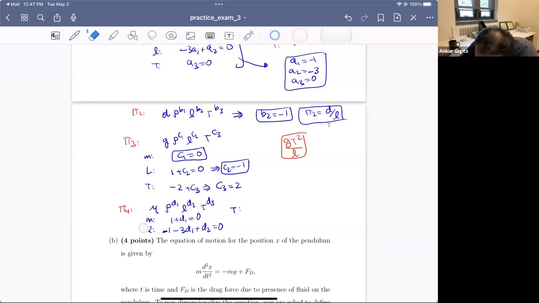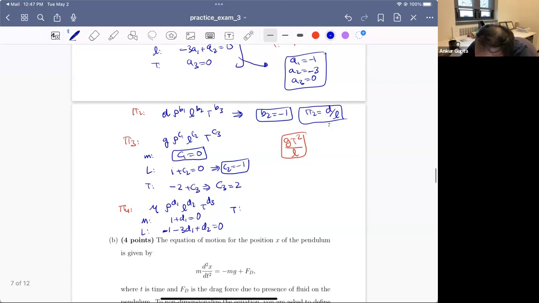And then time would give you something else as well. Mass, length, and time. So time is there only in mu and the t. So mu is M L minus 1 T minus 1, so minus 1. And then time is simply this, so d3 is equal to 1. And then I get d1 is equal to minus 1, so plus 3 minus 2, so d2 is equal to minus 2.